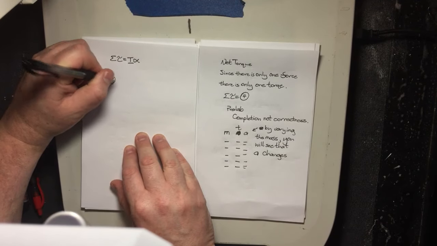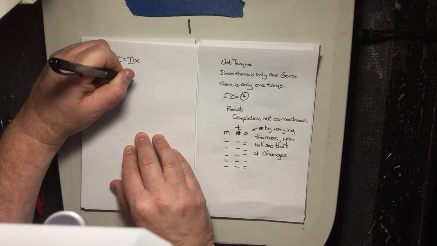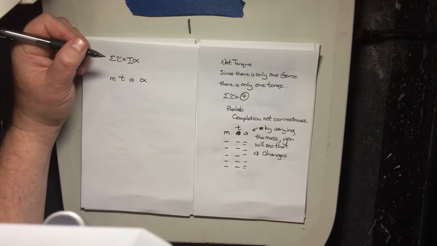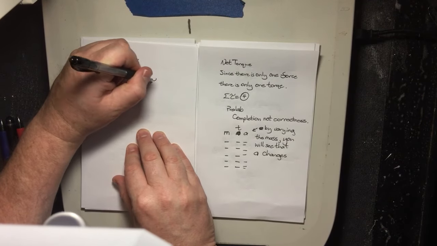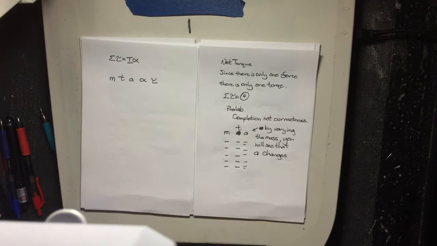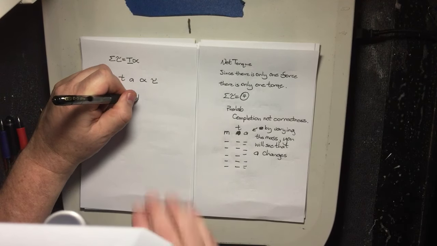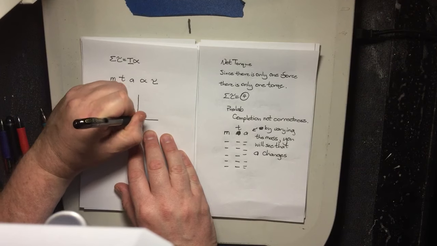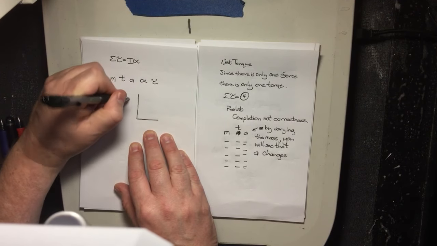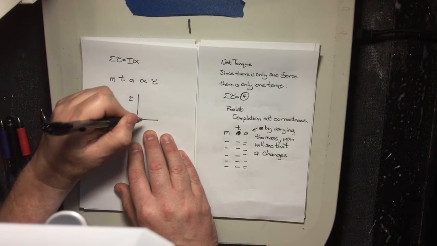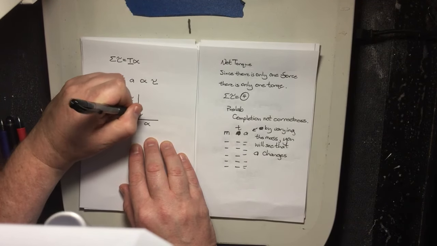You're going to have mass, time, A, alpha, and torque. And what you do is you plot torque as a function of alpha.